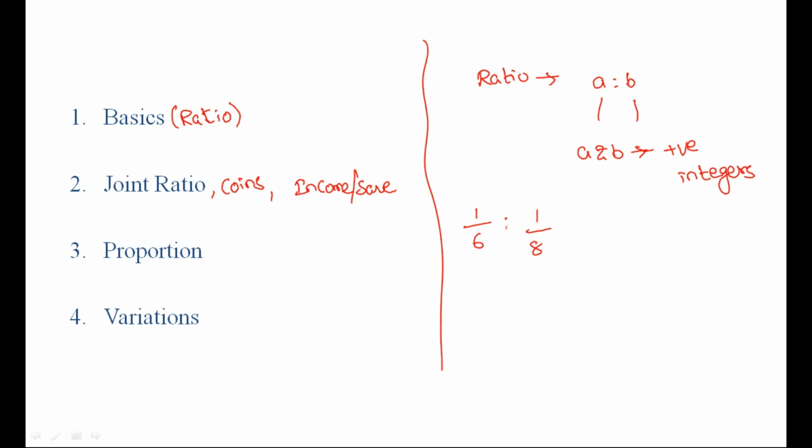It is a positive number but a fraction. What you have to do is take the LCM of the denominators 6 and 8, which is 24. Multiply each term by 24. Now it becomes 24/6 and 24/8, so it is a 4:3 ratio.